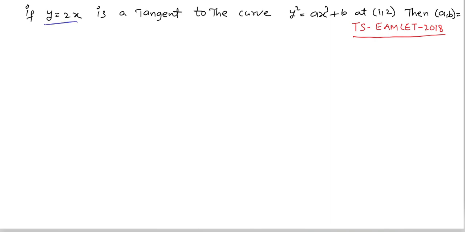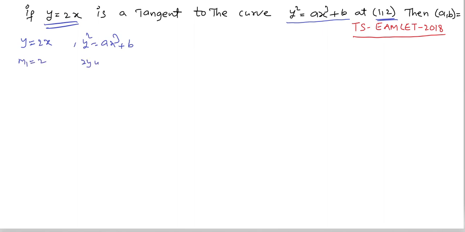If y = 2x is a tangent to the curve y² = ax³ + b at (1, 2), then (a, b) is. This is a TSM set 2018 question. Here y = 2x is a tangent to the curve y² = ax³ + b, that means the slopes are equal. The slope of this line, m1, is 2.